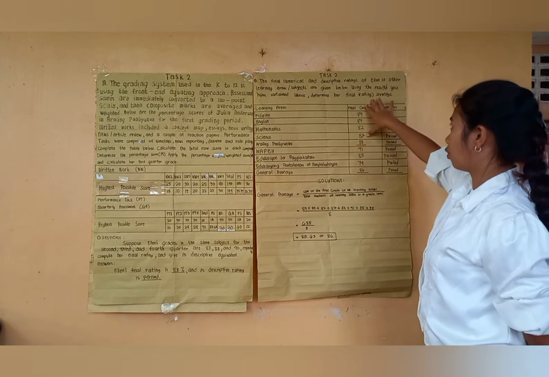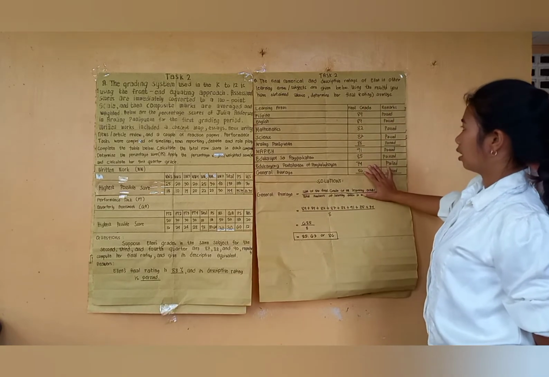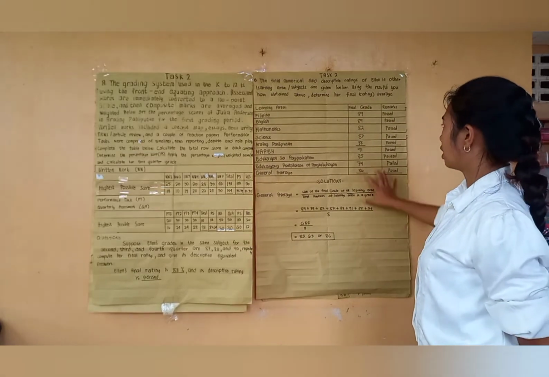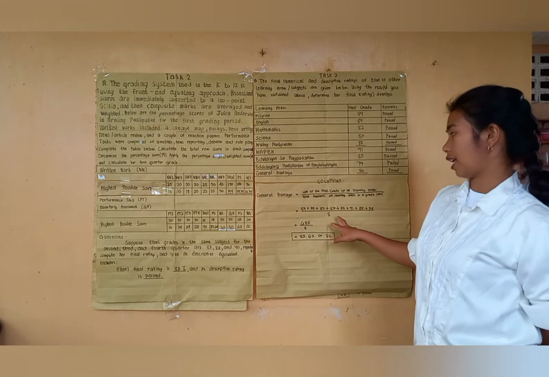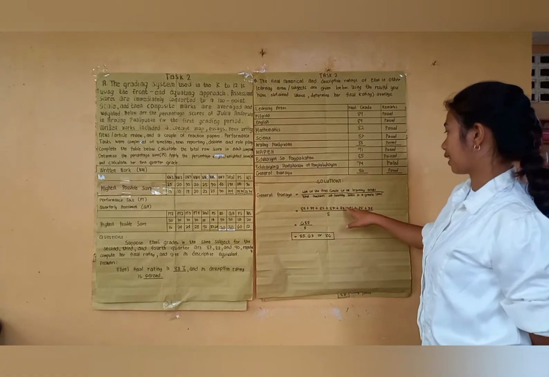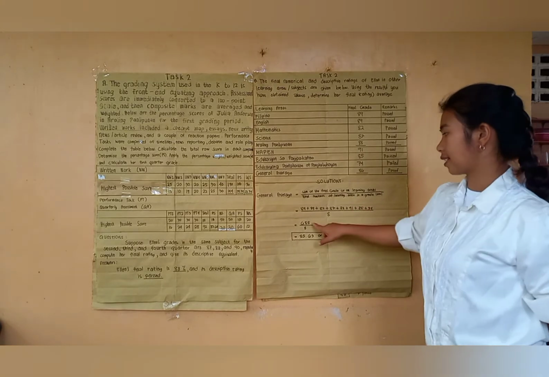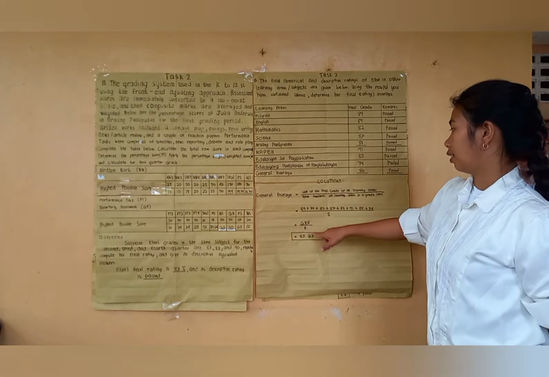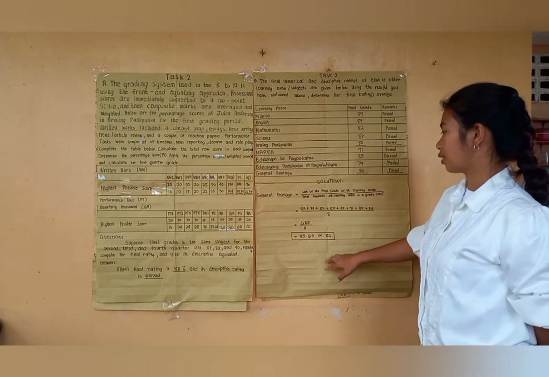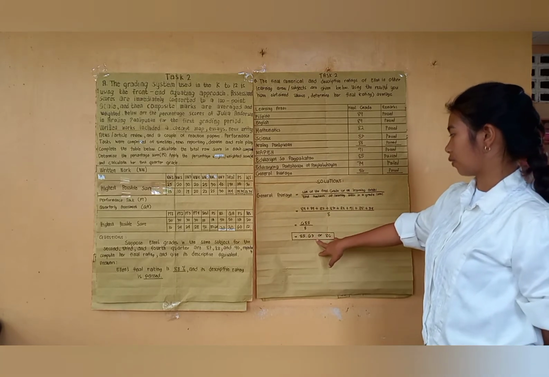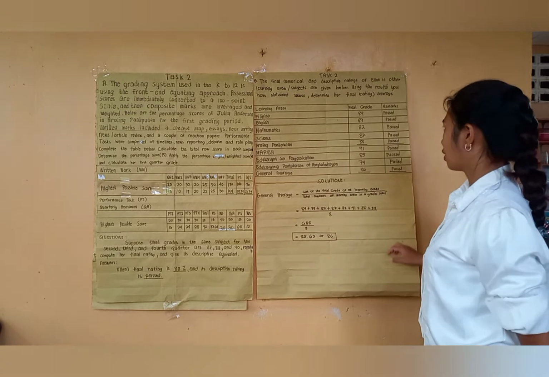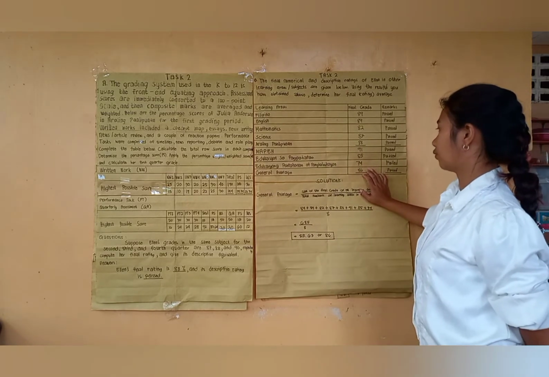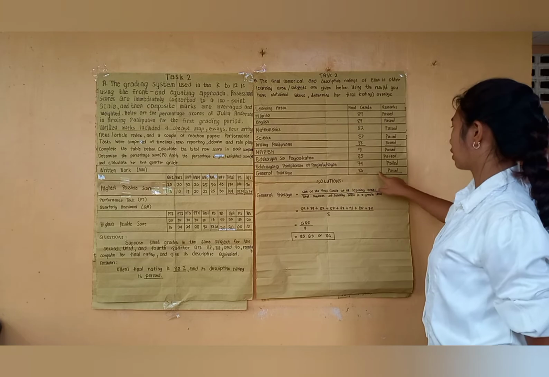So we add all her grades in each subject and divide by 8. So the result is 655 divided by 8. The result is 85.63 or 86. So the general average of Ellen is 86. So the remark is pass.